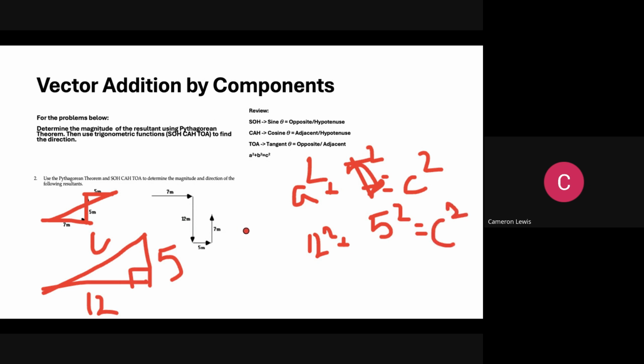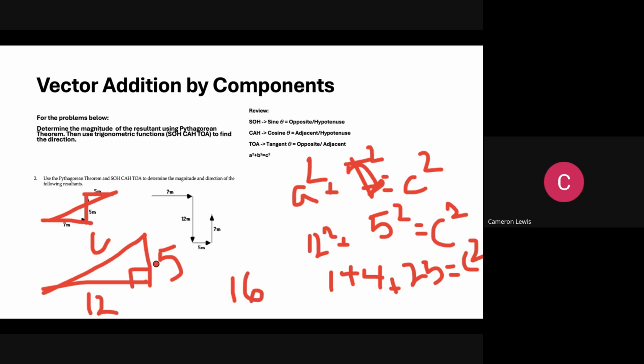Twelve squared is how much? 144. And 5 squared is how much? 25. 144 plus 25 is how much? 169.